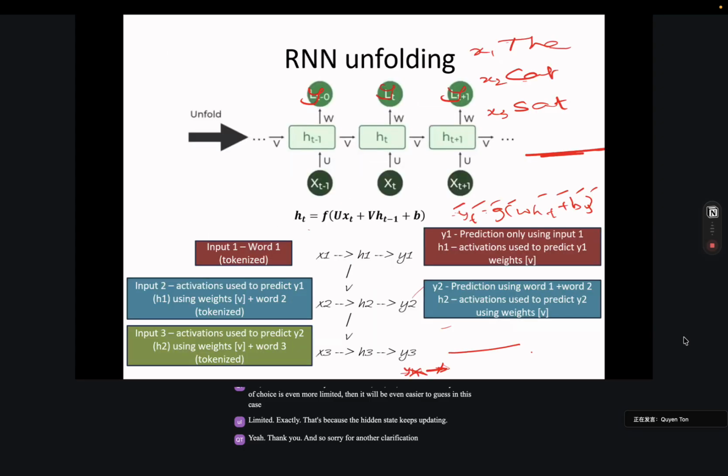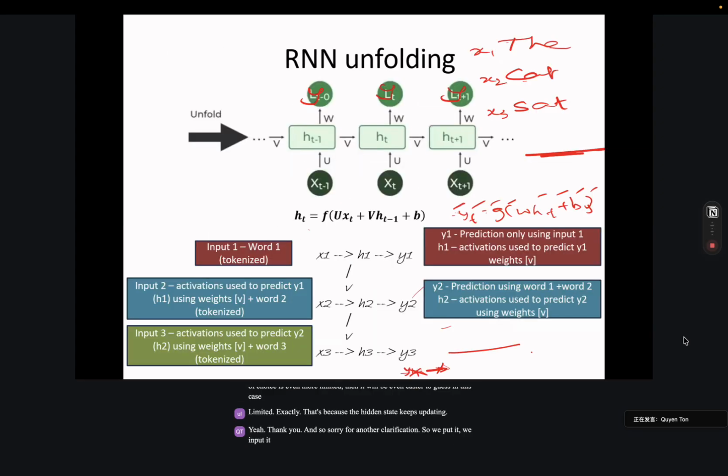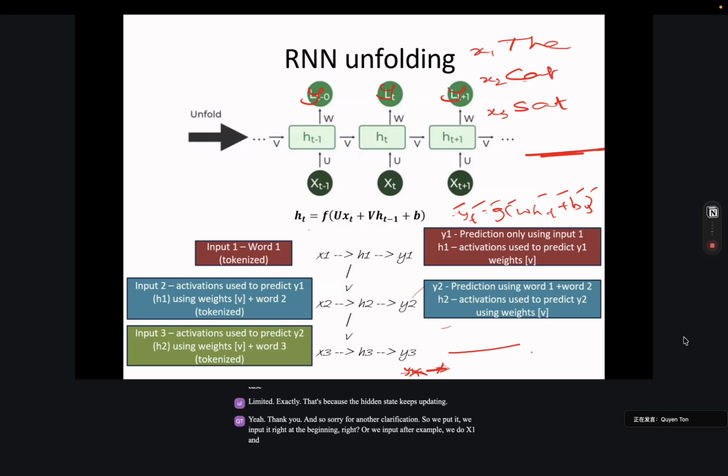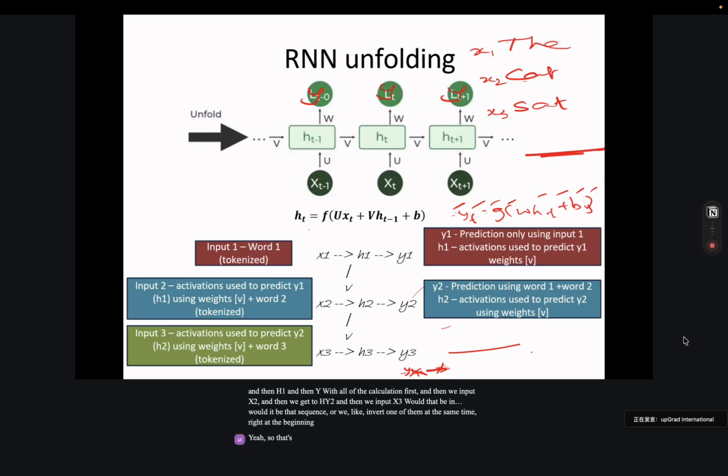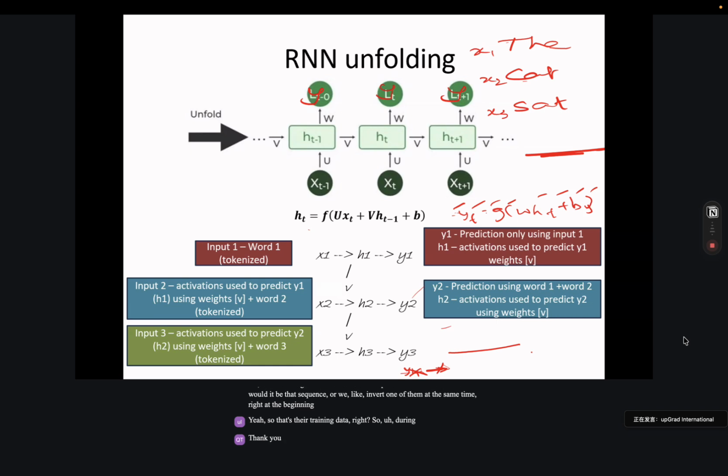So we input it right at the beginning, or we input after, like for example, we do x1 and then h1 and then y1 with the calculation first, and then we input x2 and then we get to y2 and then we input x3. Would that be in that sequence, or we input all of them at the same time right at the beginning? Yeah. So that's the training data, right? So during training, we show a lot of examples.